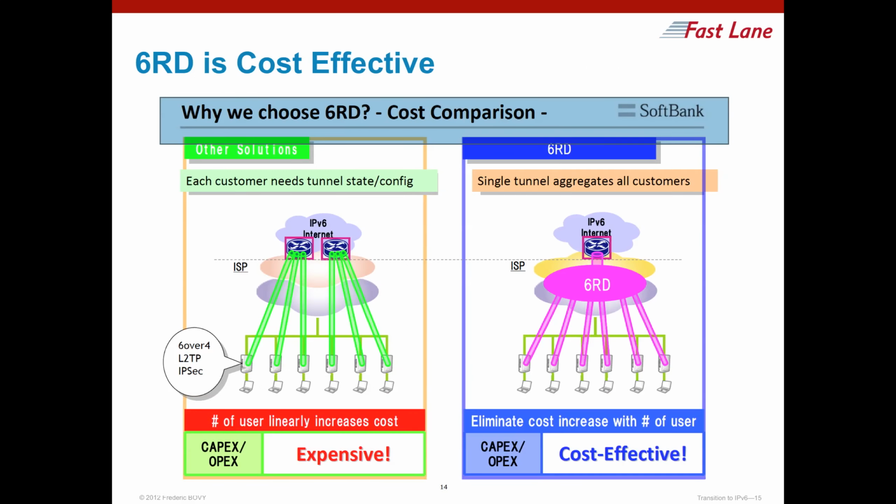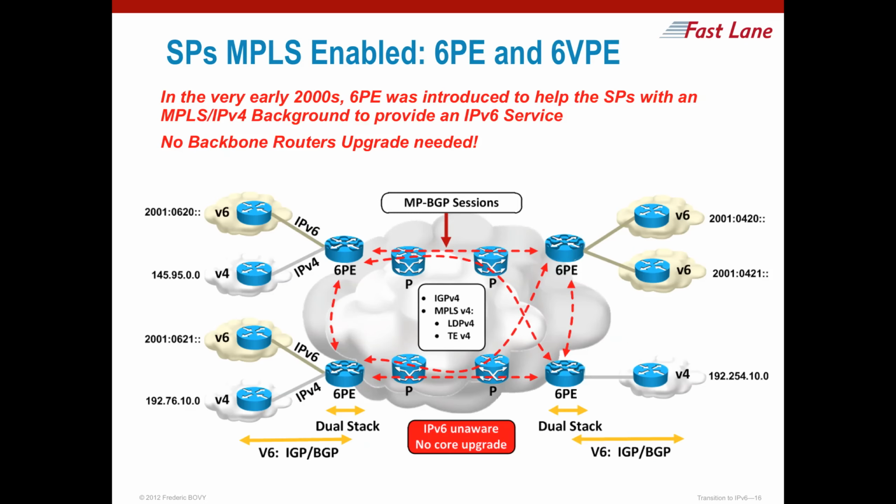So why is this such an interesting solution? The cost, because you need only one tunnel and not a tunnel for each customer. So it is very cost effective, and many service providers are adopting it. The latest example I had was Yahoo, who chose 6RD to provide a service using an IPv4 backbone.